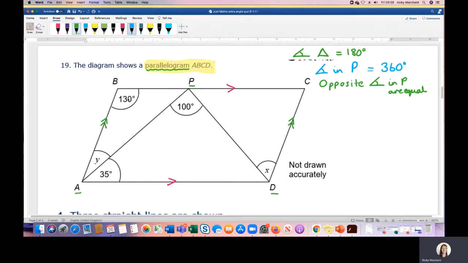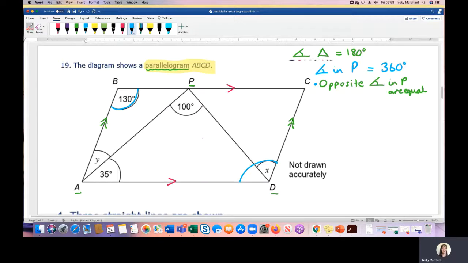So that last one here, opposite angles in a parallelogram, means that this angle here, this 130, must be the same as this big angle over here, the opposite corner. Now these are parallel lines, this top parallel line, bottom parallel line, and these parallels. So I said before that if angles on parallel lines look the same, you can take it that they are the same, they're on parallels.